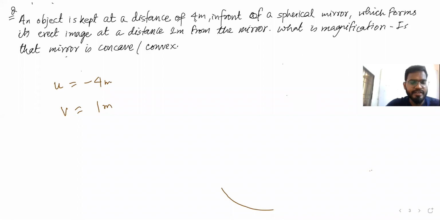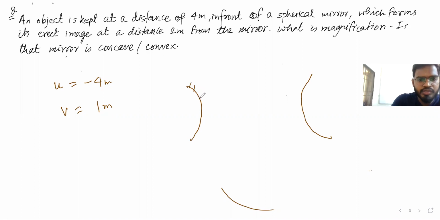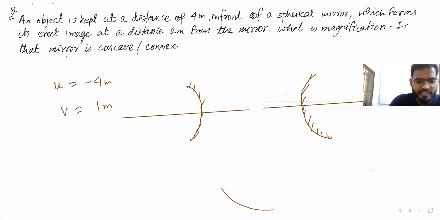Next, they didn't tell anything about the mirror, so we'll have to draw both cases, then only we can decide. Let's draw first a concave mirror, and then a convex mirror. You have to draw diagrams properly, then only you'll get the correct answer.